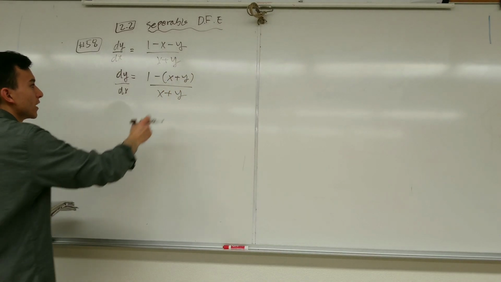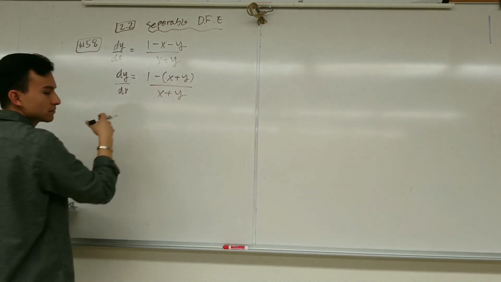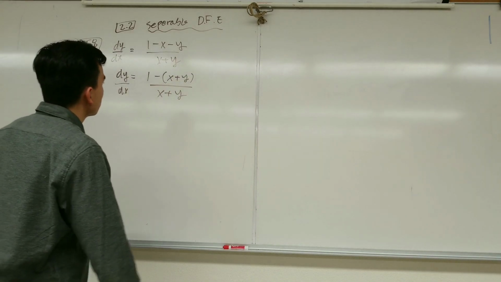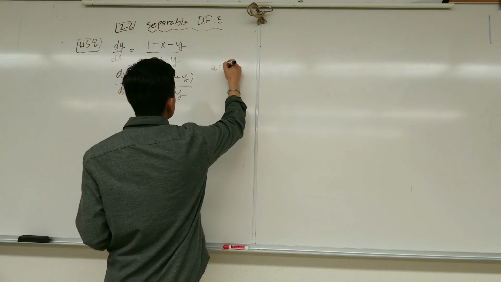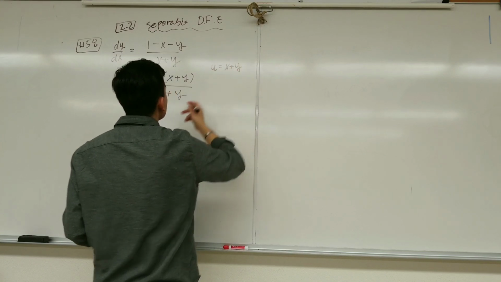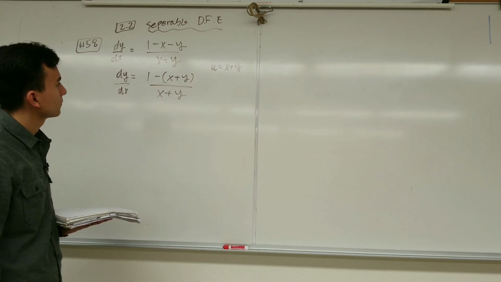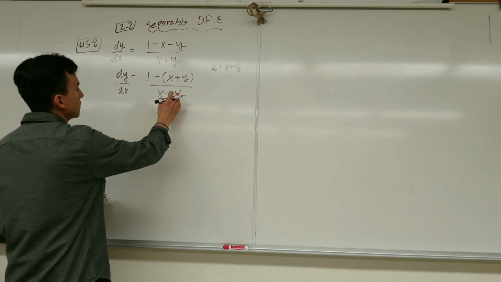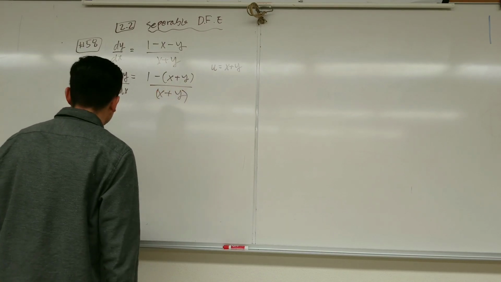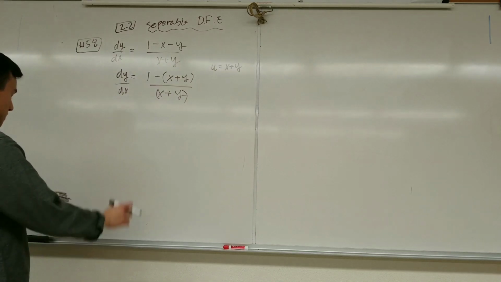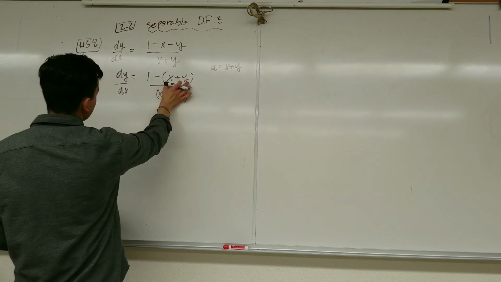So now we have these two pieces equal. So we could say that u is equal to x plus y. Now the only time that you could do this is if the x and y's are like this.